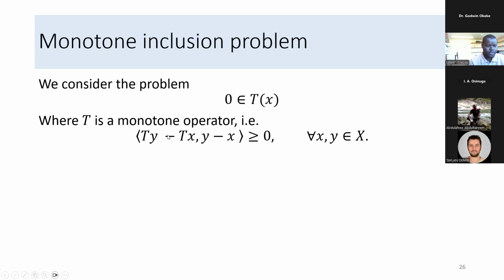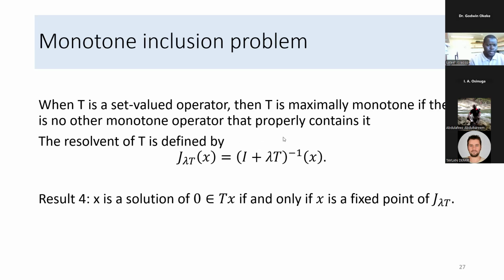In other words, I can build on the previous results from the optimization problem into this. And further, I can also apply the previous algorithms from the case of the optimization problem to the monotone inclusion problem.